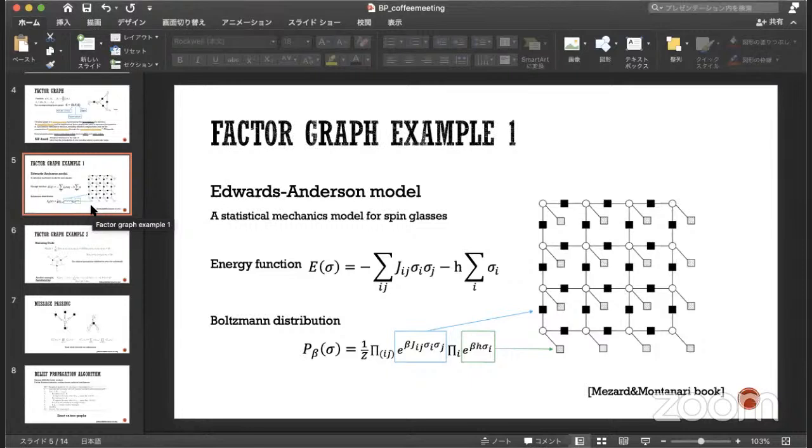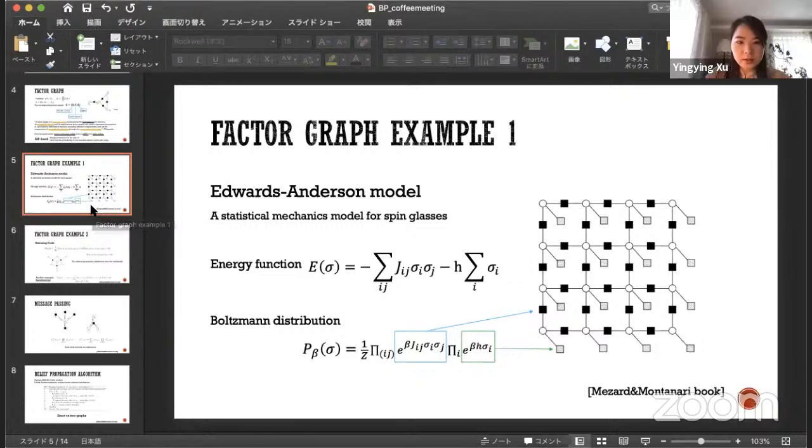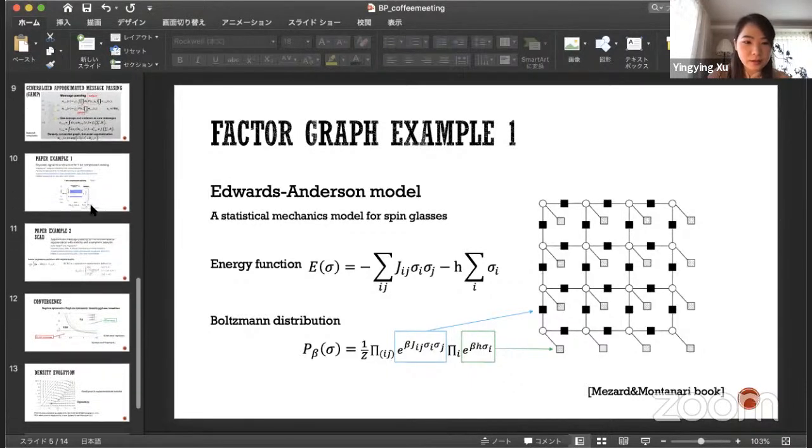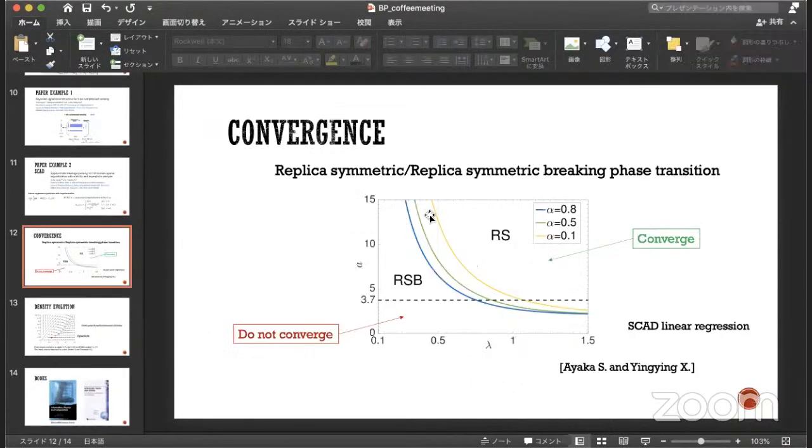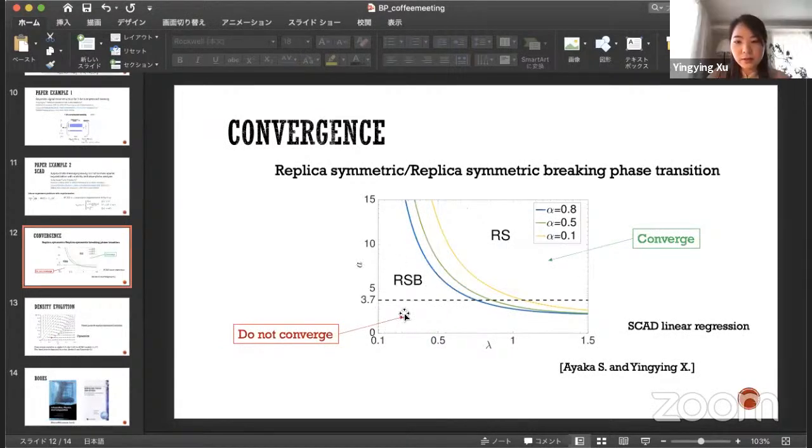Of course, yes, but the problem is convergence, because as I talked about, when it's in the replica-symmetry-breaking phase, the standard algorithm will not converge very easily. We need to do some research on that problem. Also, for real data, it's still not very applicable.